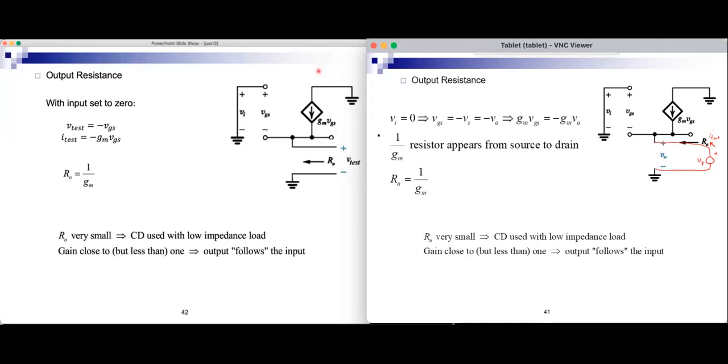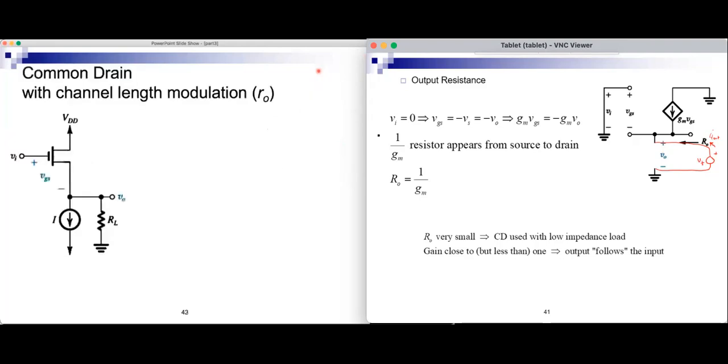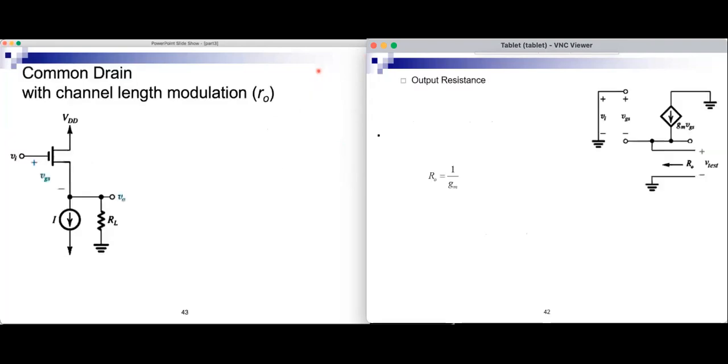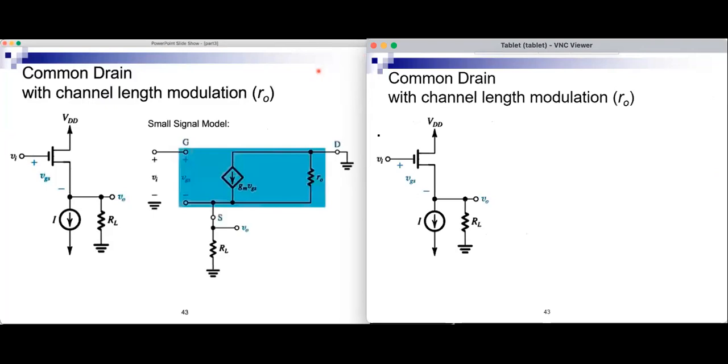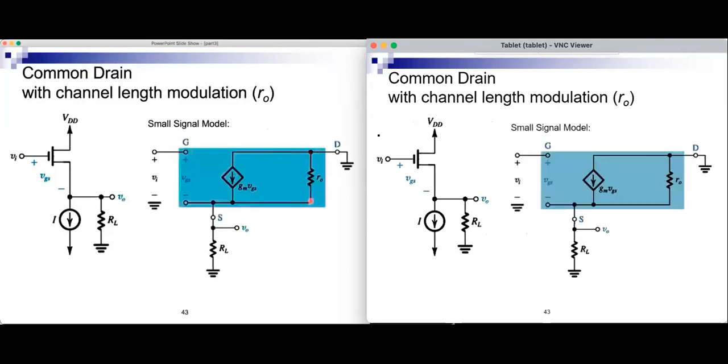Okay, so let's introduce small RO now. We can repeat the analysis with small RO. The small signal model will be the same, but we will have a small RO here. It should not change things dramatically, because RO is also from the output, which is the source, to ground.